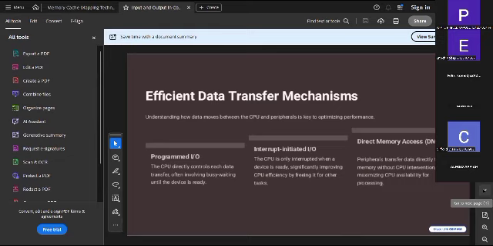Then we take direct memory access, which is the DMA. Peripherals can transfer data directly to memory without constant CPU intervention. A DMA controller handles the data transfer, allowing the CPU to perform other operations concurrently. This is the most efficient data transfer mechanism. I'll hand it over to my next colleague to continue.